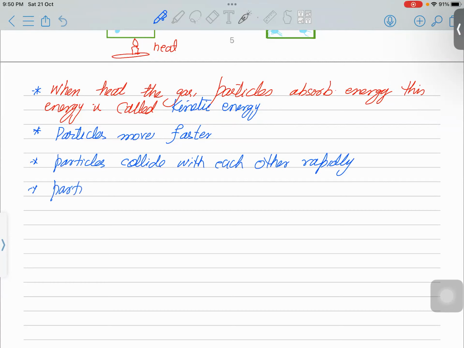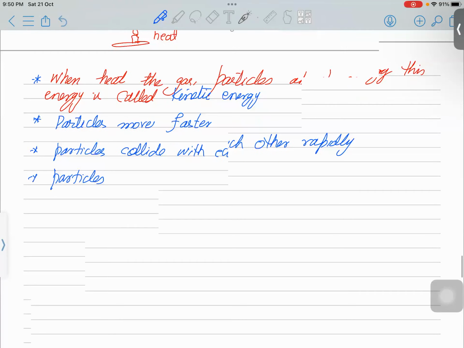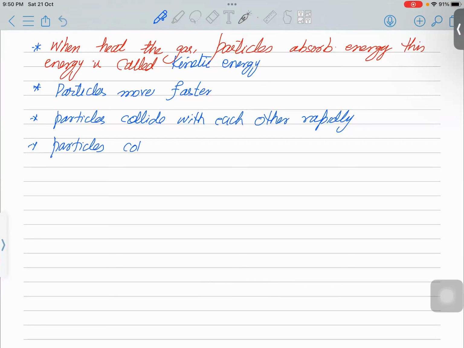Particles collide with the wall of the container and exert pressure.